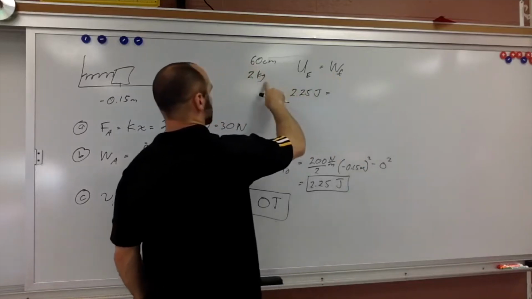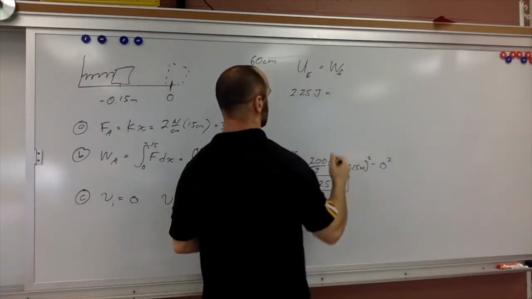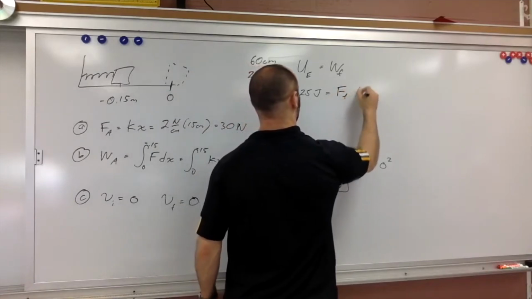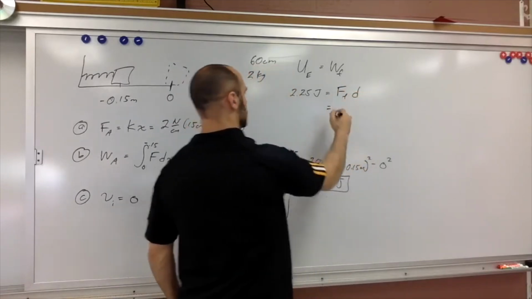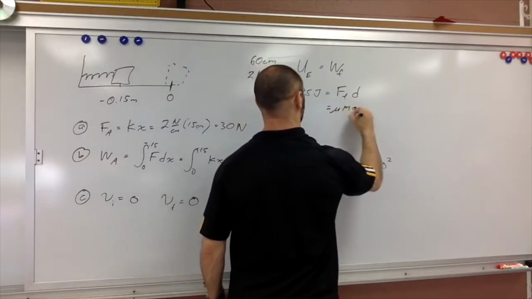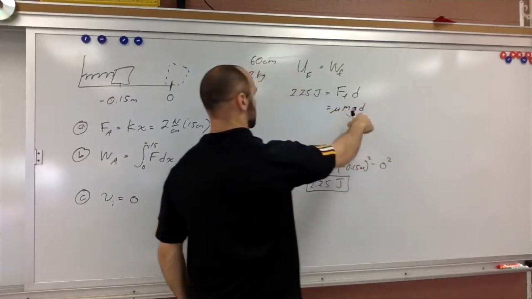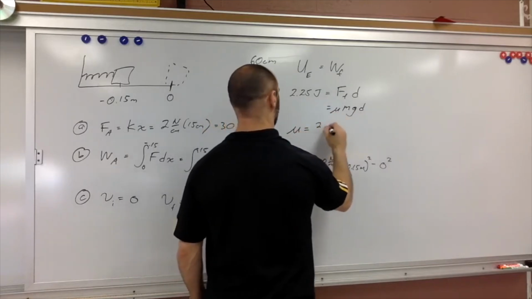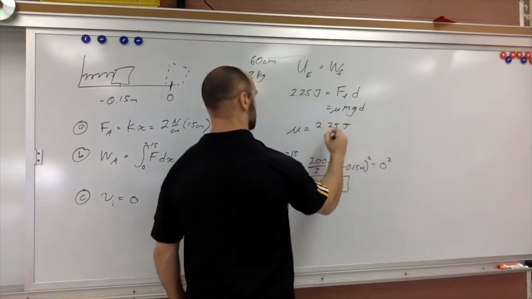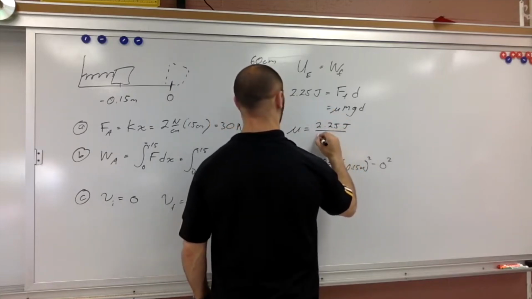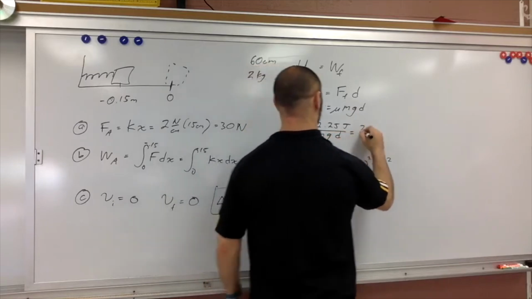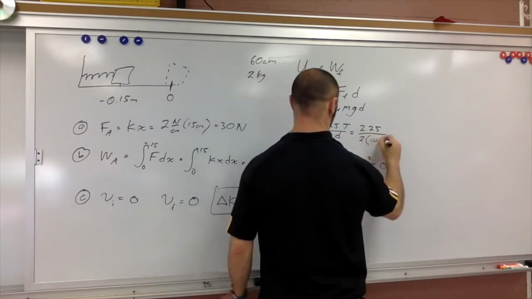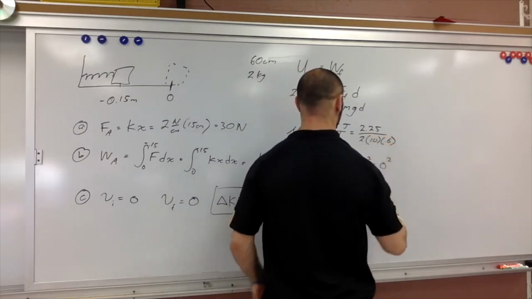And then the work done by friction is going to be the force due to friction times the distance. The force due to friction is mu mg, and then times the distance. The distance is 0.6. I'm solving for mu, so mu is going to be equal to 2.25 joules divided by mgd. So 2.25 divided by the mass, which is 2, g, which we're going to just use 10, and then 0.6 meters.